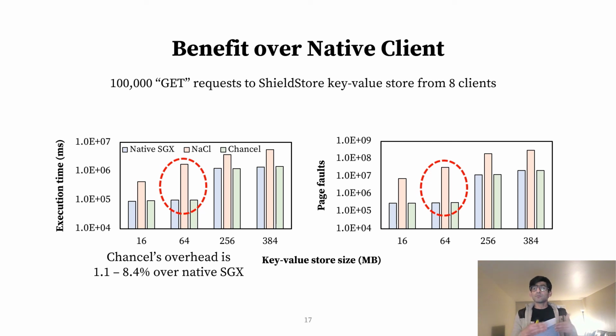As we saw before, Native Client performs really badly because it incurs a lot of page faults due to replication of data across different processes. In contrast, the page faults of native SGX and Chancel are almost the same, and so is the performance. As I mentioned before, the performance overhead is only between 1.1% and 8.4%.